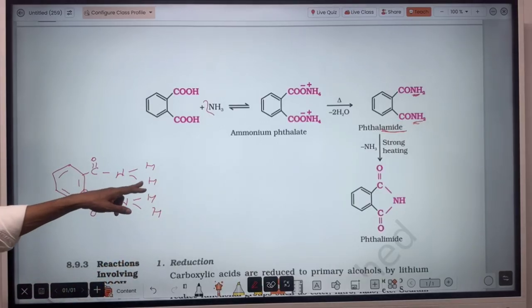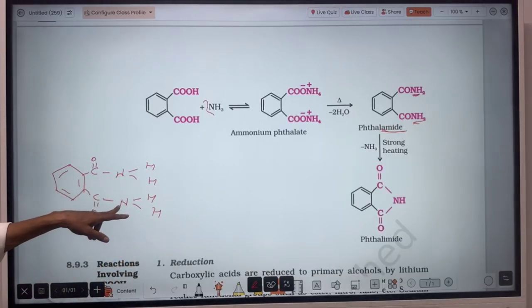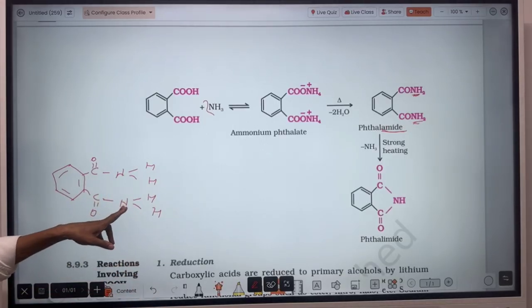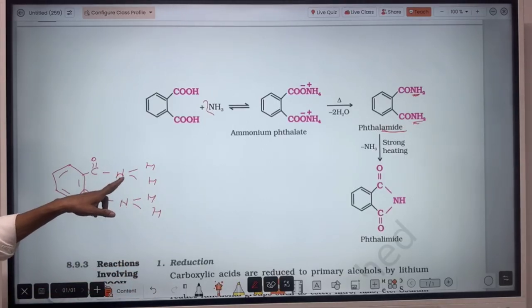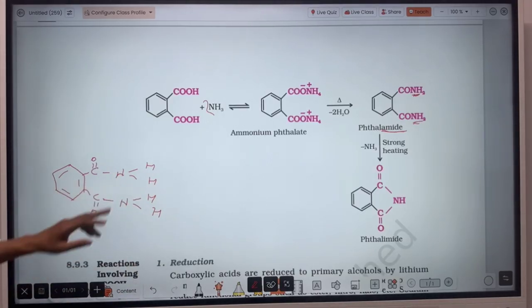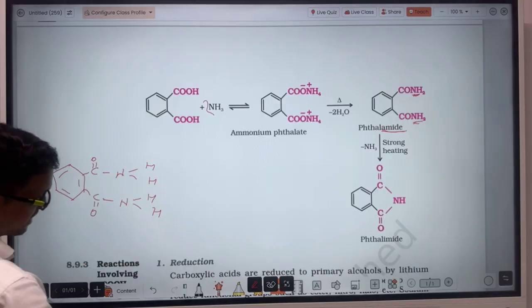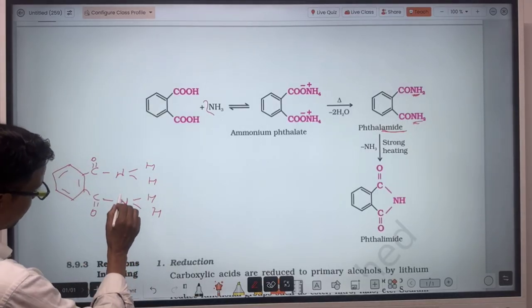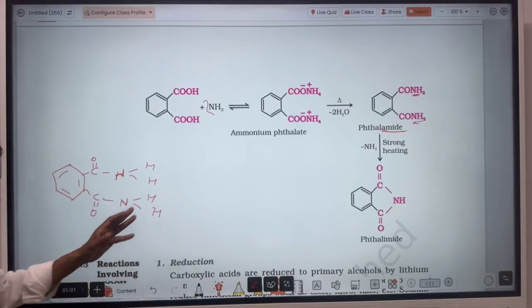In these molecules, either one hydrogen of this nitrogen will combine with this nitrogen and release ammonia, or a hydrogen of this nitrogen will combine with this NH2 and release ammonia. So the hydrogen of this NH2 will release, or the hydrogen of this NH2 will release.